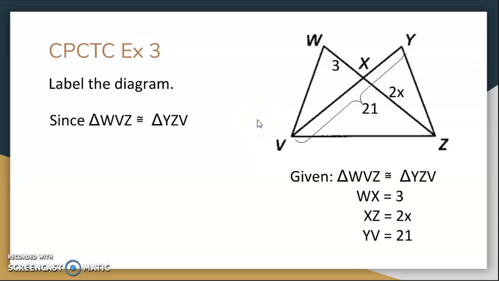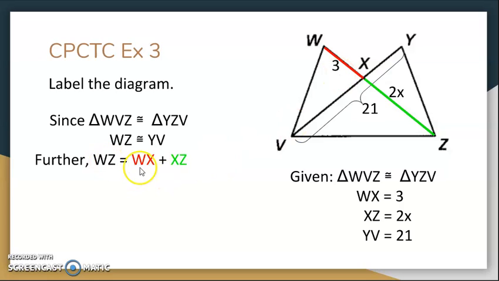Well, since it was given to me that triangle WVZ was congruent to triangle YZV, I know that WZ has to be congruent to YV. Now, furthermore, I recognize that WZ here is made up of two parts, the red part and the green part.